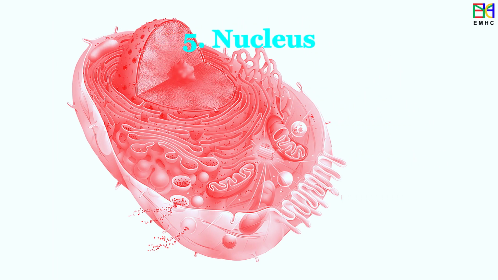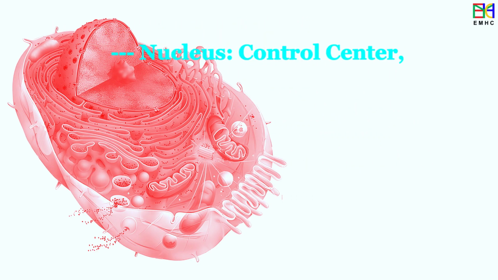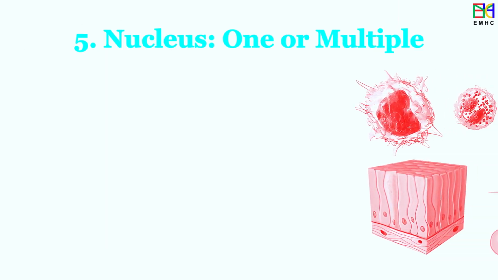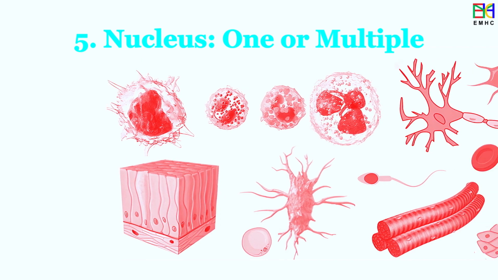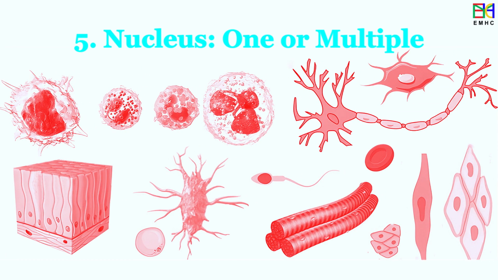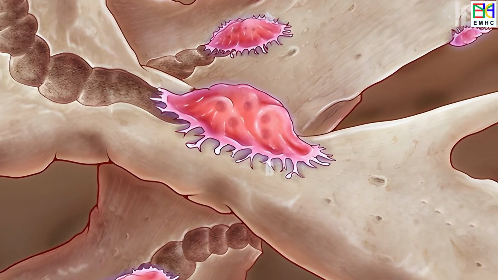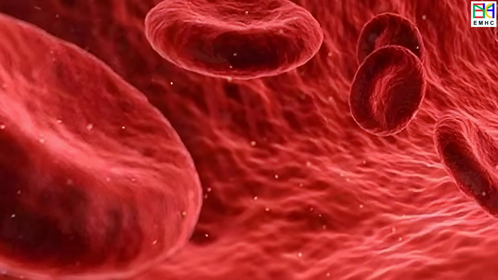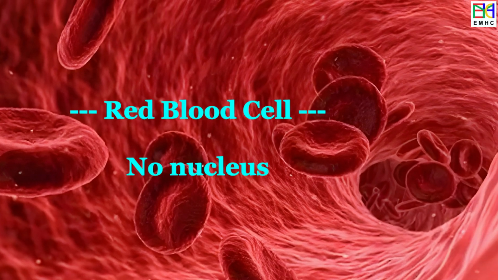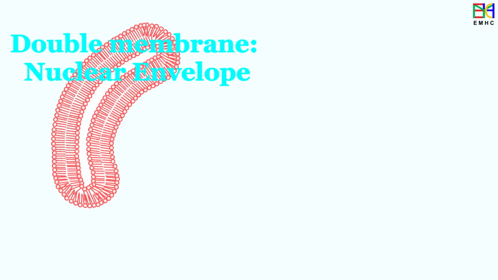Nucleus, often referred to as the control center of the cell, is the largest organelle of a cell. Most cells have a single nucleus, but other cells may exhibit multiple nuclei. Skeletal muscle cells have multiple nuclei, whereas mature red blood cells of mammals do not have a nucleus. A double membrane called the nuclear envelope separates nucleus from the rest of the cell.